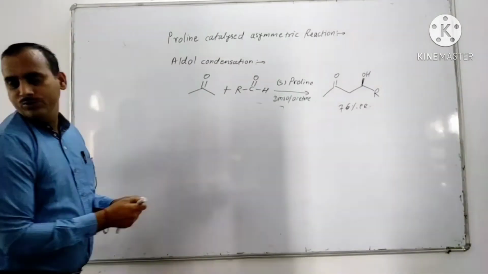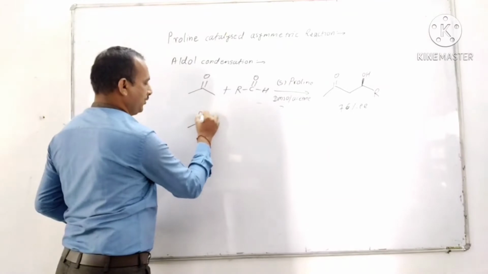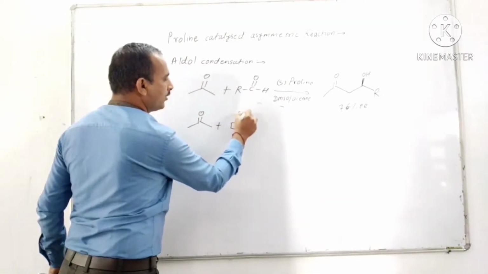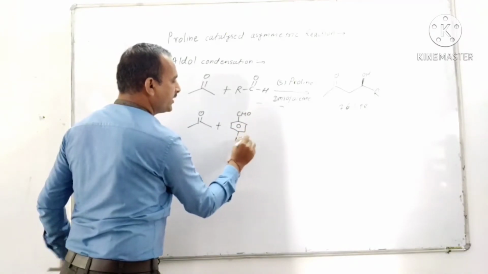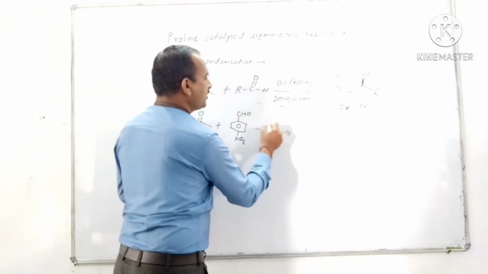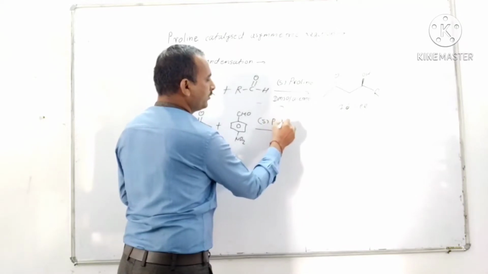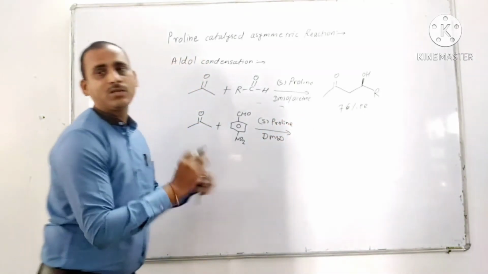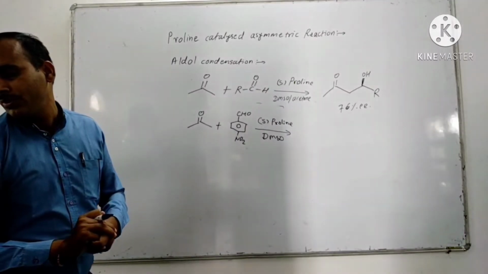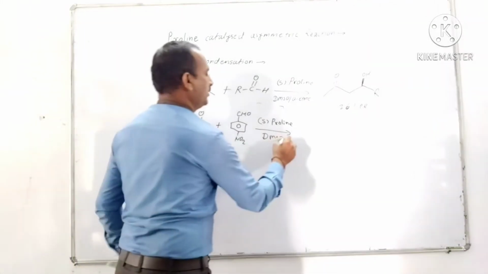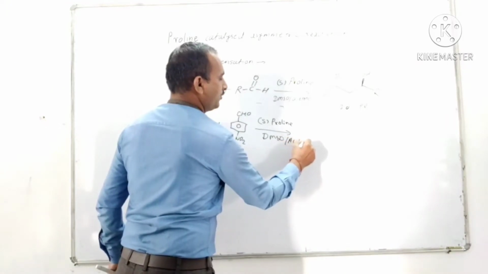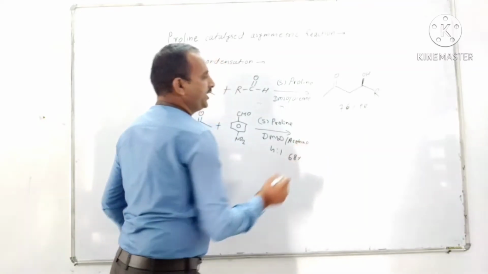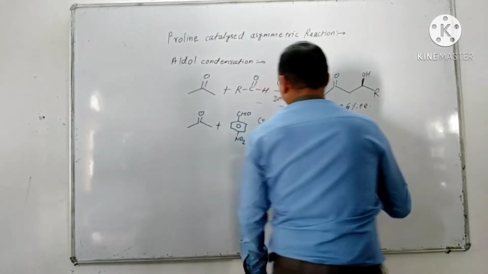Para-nitrobenzaldehyde and acetone in the presence of again S-proline, and DMSO and acetone as solvent in the proportion of again 4:1. A 68% yield is obtained with 96% ee.